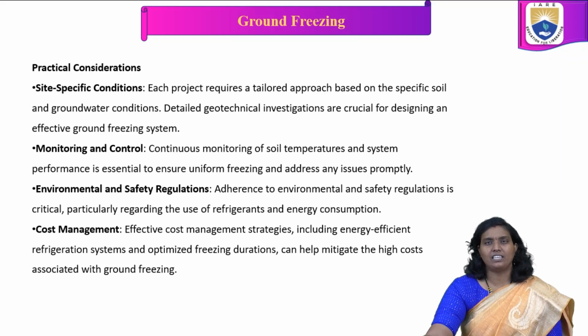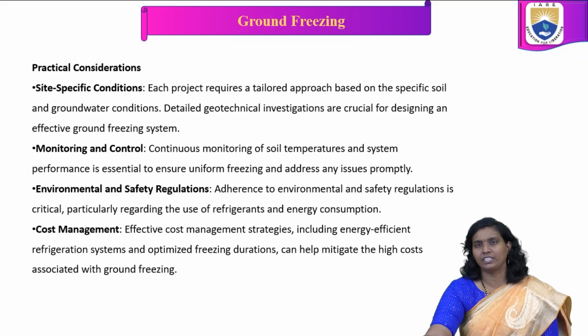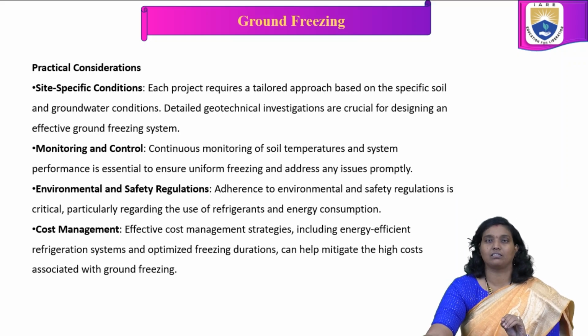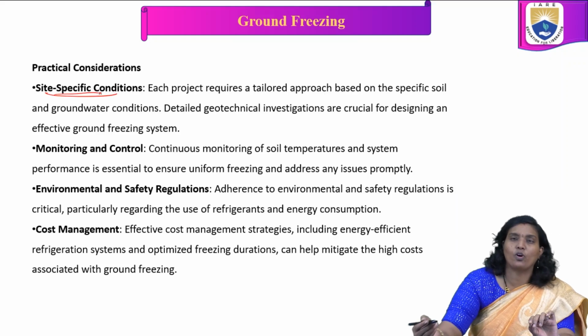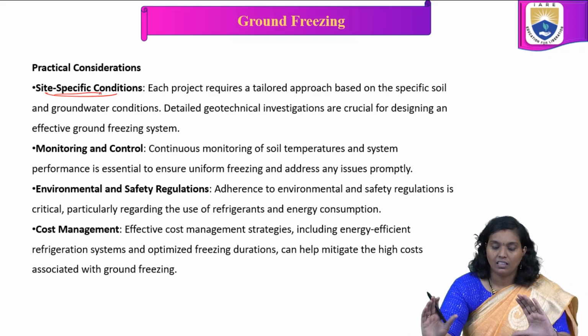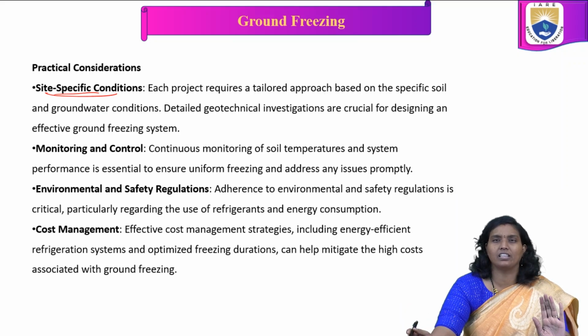In practical considerations, site-specific conditions, monitoring and control, environmental and safety regulations, and cost management are the key factors for ground freezing. In site-specific conditions, each project requires a well-planned approach based on the specific soil and groundwater conditions.